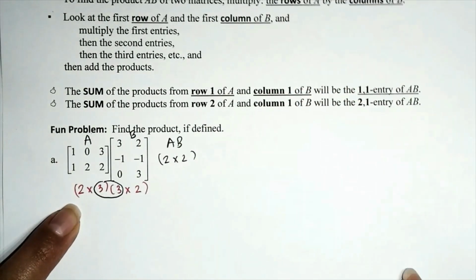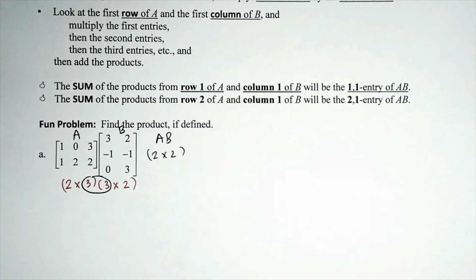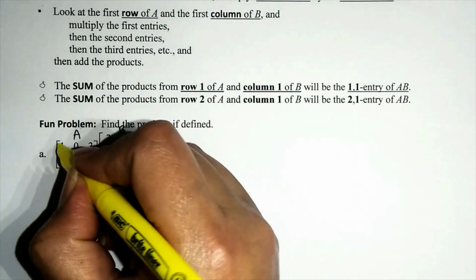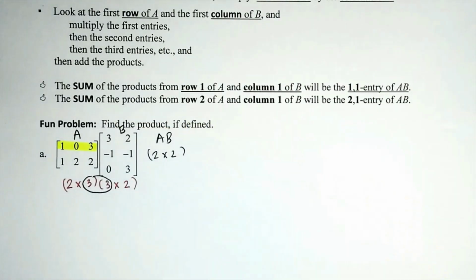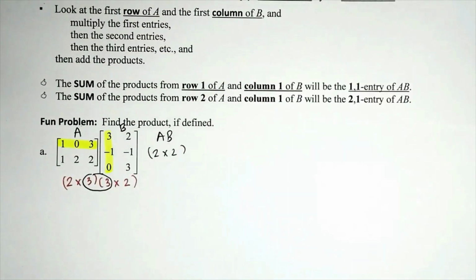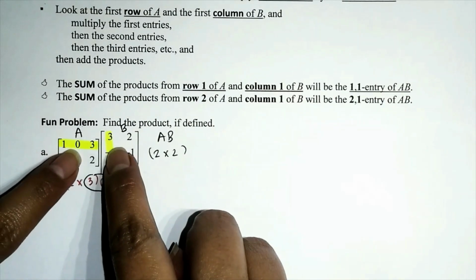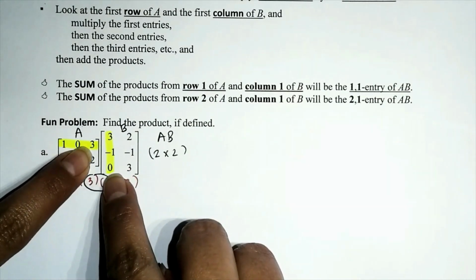So the question is, how does it go down? This is how it's going to work. We're going to take the first row from the first matrix and then look at the first column of the second matrix. We are going to multiply their entries and then find their sum.